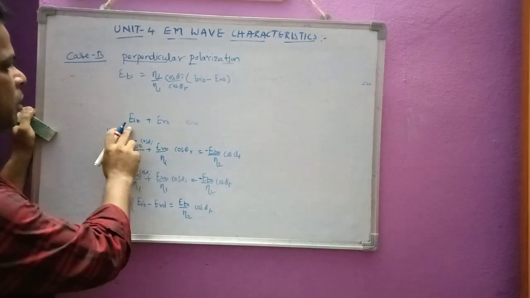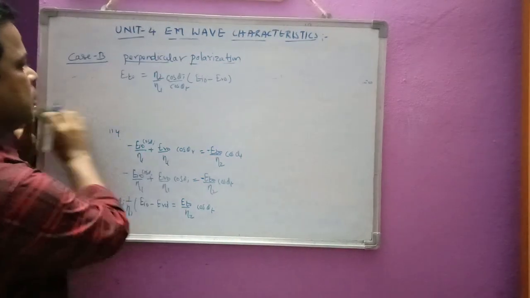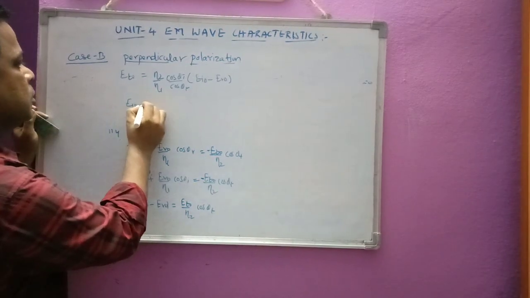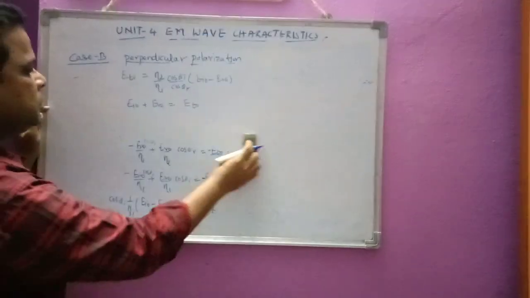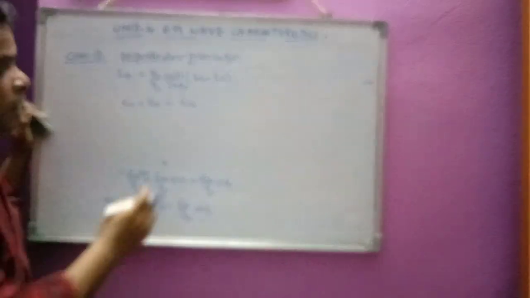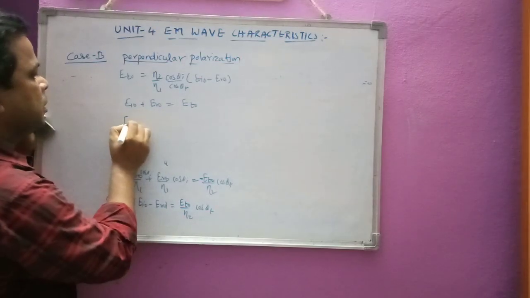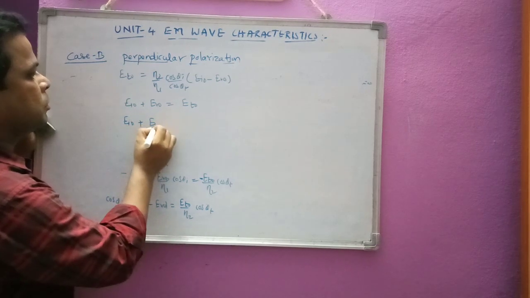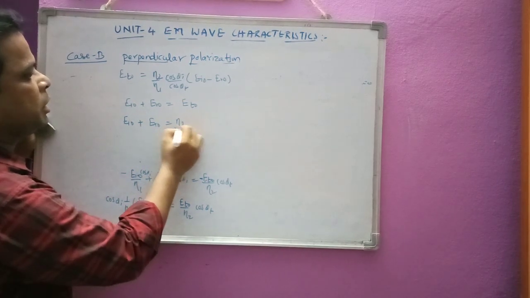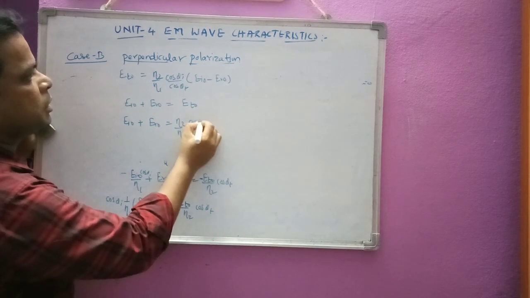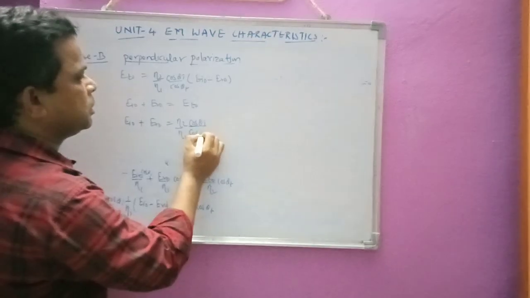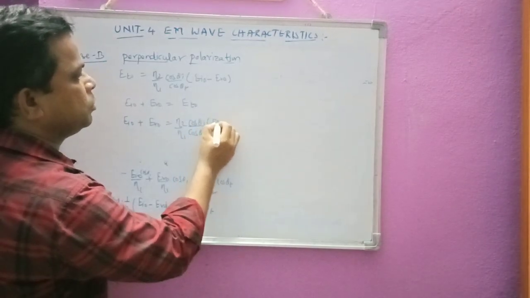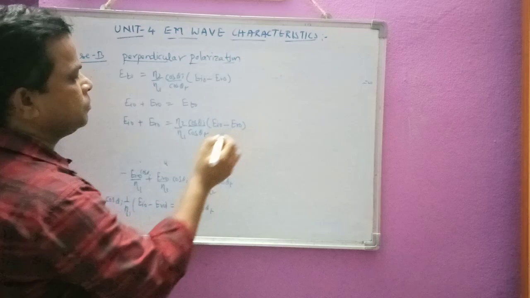Now we have the equation Ei0 plus Er0 equal to Et0. I can substitute this Et0 in this equation, that is, Ei0 plus Er0 is equal to eta 2 by eta 1 cos theta i by cos theta t into Ei0 minus Er0.